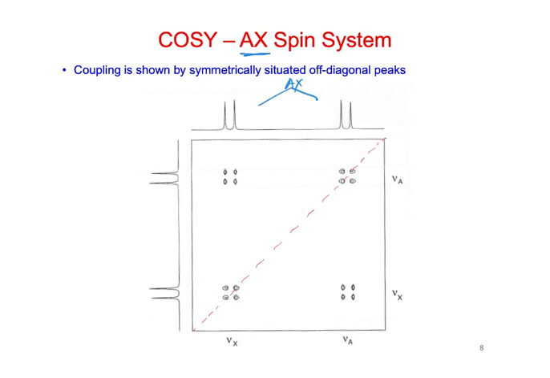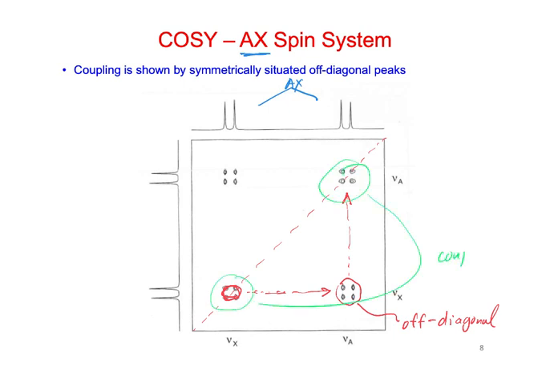So we go from our diagonal here, we can go horizontally till we hit a peak. So this is the off-diagonal. And when we hit the off-diagonal, we can go up, and this off-diagonal peak tells us that these two are coupled to each other.